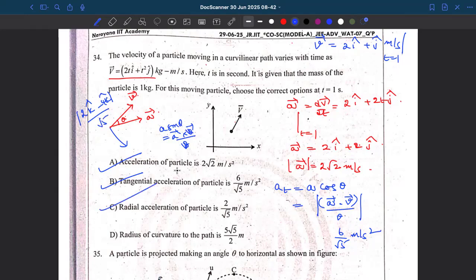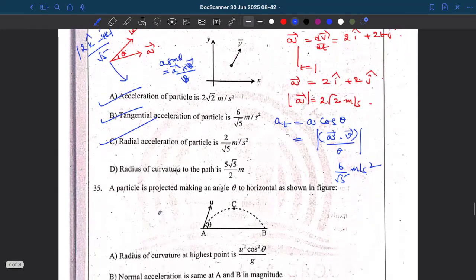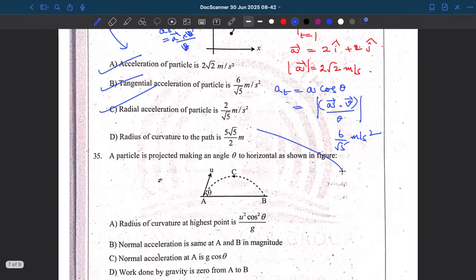Correct. So radius of curvature at that point, you know already how to find radius of curvature. A radial is actually V square by R. V square magnitude, how much? 5. By A radial, just now we got A radial, 2 by √5. So 5 √5 by 2. Correct.